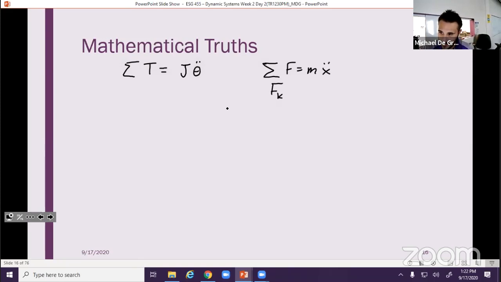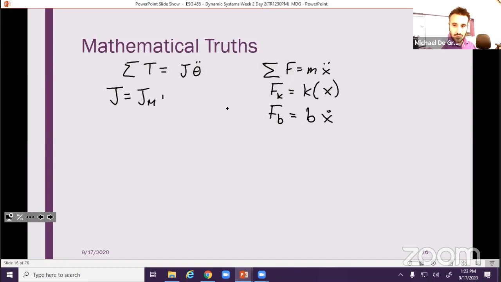We've got the spring force equal to Kx, and our damper force is equal to B x dot. Also, I'm going to say that J is equal to J sub M plus J sub P, just to remind myself later, in case you actually have to do anything with this system in terms of analysis.